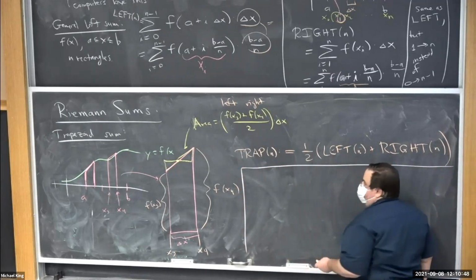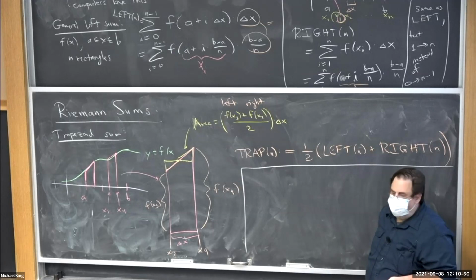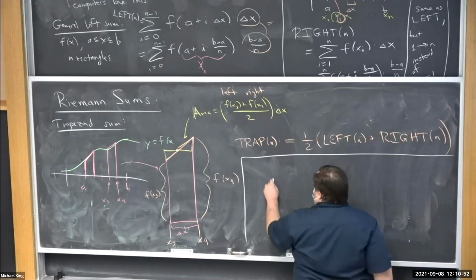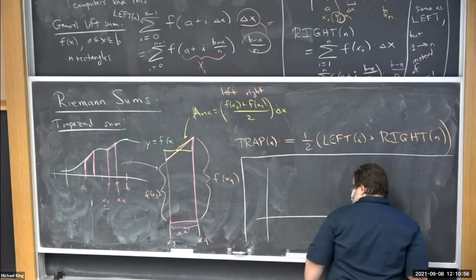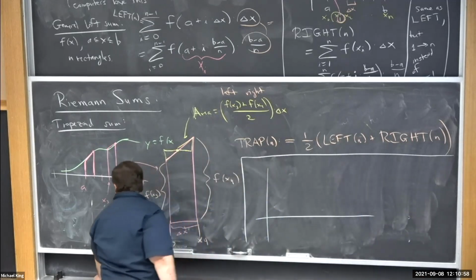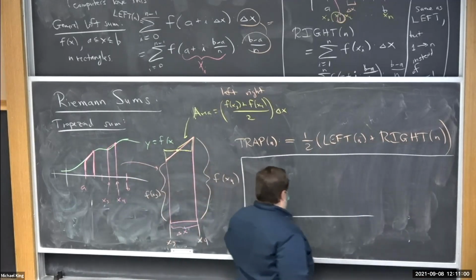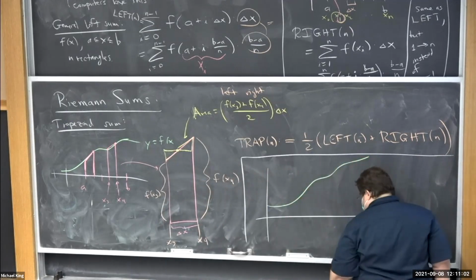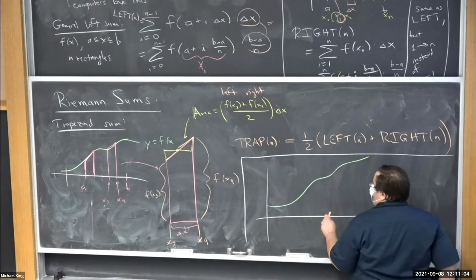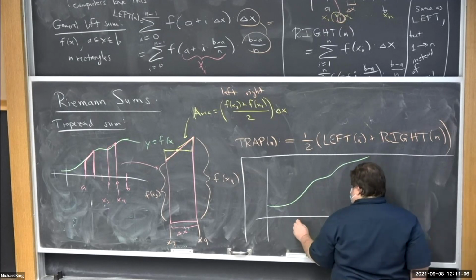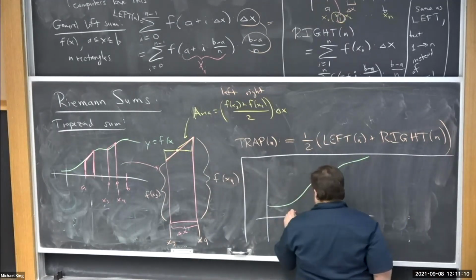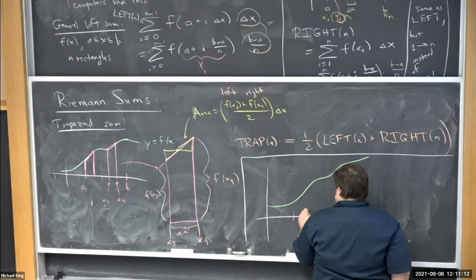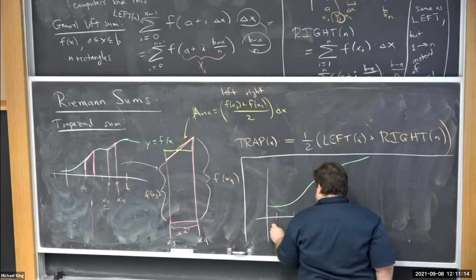But then there's also this thing called the midpoint sum. So let me draw this one more time and just try to give you a sense of one rectangle. So if I have from A to B, let's call A over here.